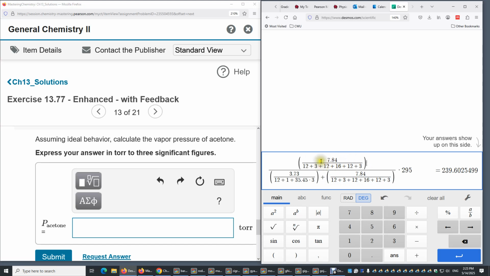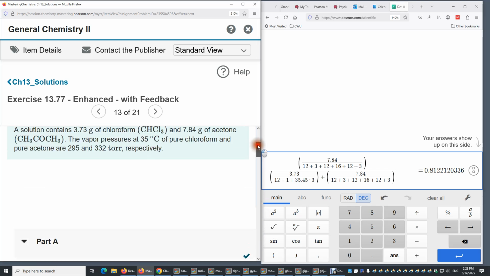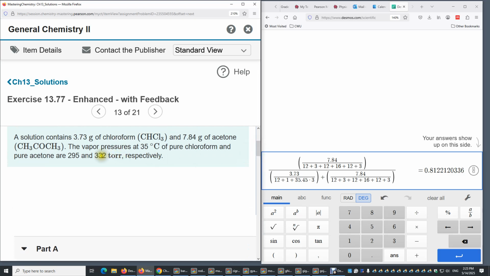Now we have the mole fraction of acetone here, which is 0.812. Now multiplied by the vapor pressure of pure acetone, which is 332, we get the vapor pressure, 270.